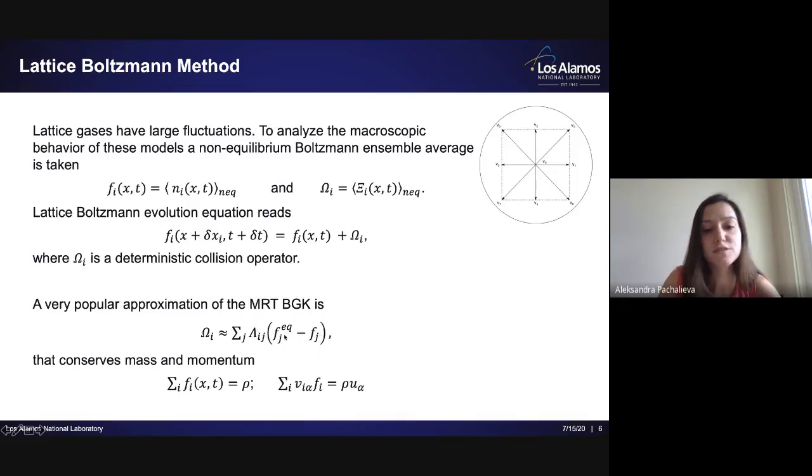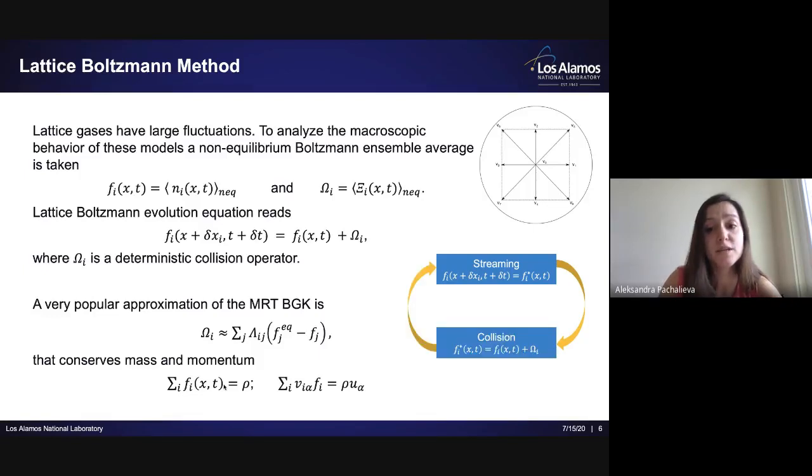Still, we have certain conversions from normal space to moment space, but at the end of the day, we conserve mass and momentum, which corresponds to the continuity and Navier-Stokes equations. So lattice Boltzmann is very simple and has two steps, a streaming step and a collision step. Everything else is boundary conditions, forcing terms, and so on. But that's basically the whole idea of the method.